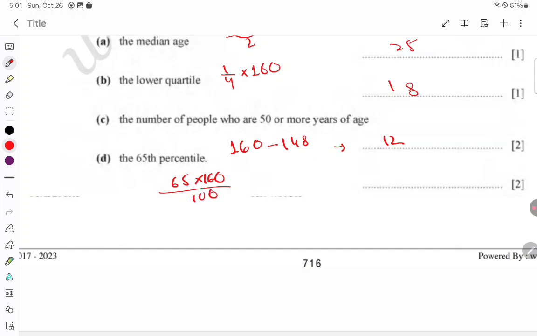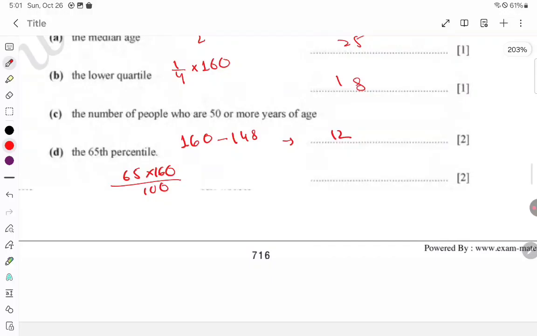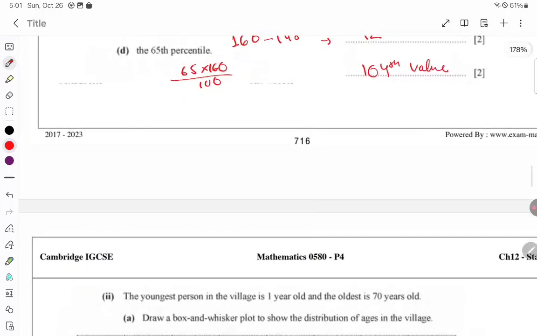We get our answer of the 104th value. That's how we calculate our percentile.